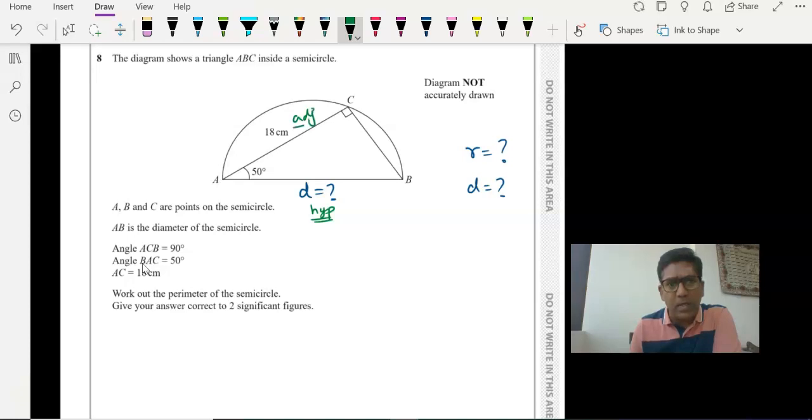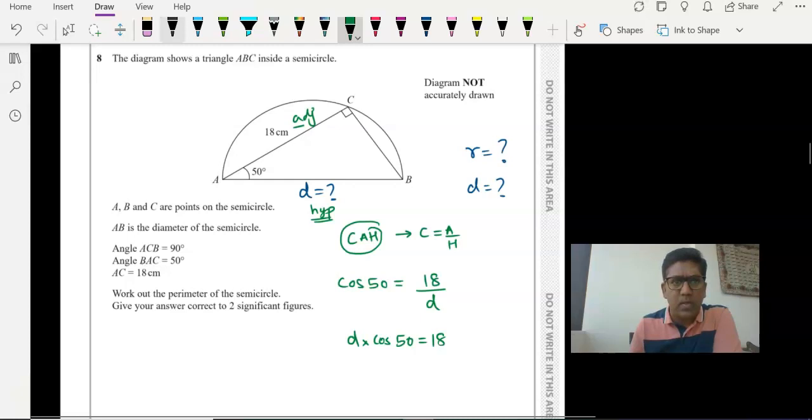So when you need adjacent and hypotenuse, it will be the cosine ratio. Cosine of the angle is defined as adjacent upon hypotenuse. So cosine 50, adjacent side is 18 and hypotenuse is d. So take cross product. So d times cosine 50 is 18.